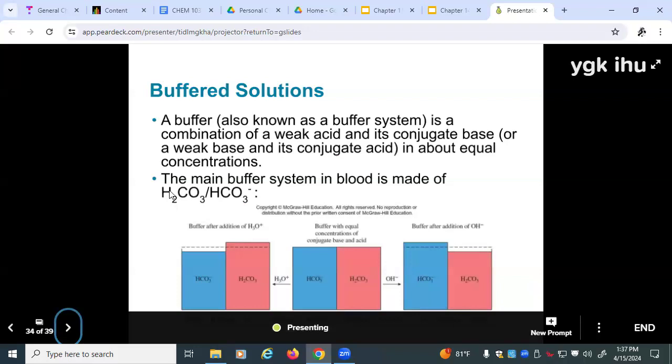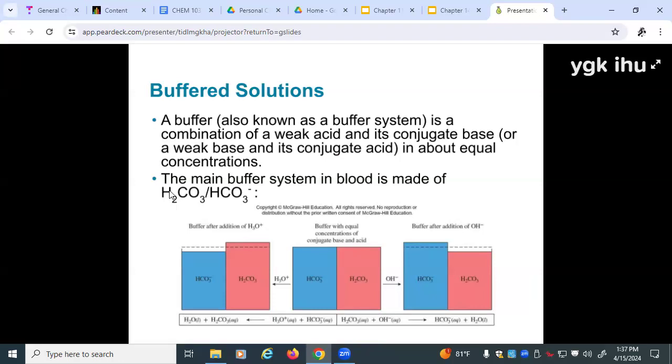The last concept that we want to look at out of this chapter is something called a buffered solution. Now, buffered solutions, or buffers, are solutions that are naturally resistant to changes in pH. So you can take that solution, expose it to a pretty decent dose of acid, and its pH will not change drastically.